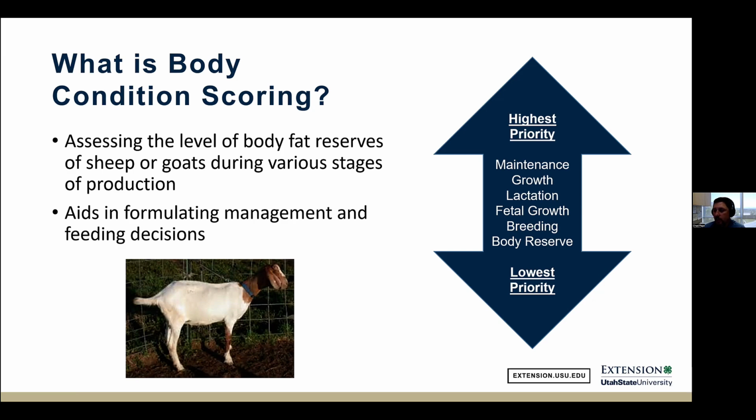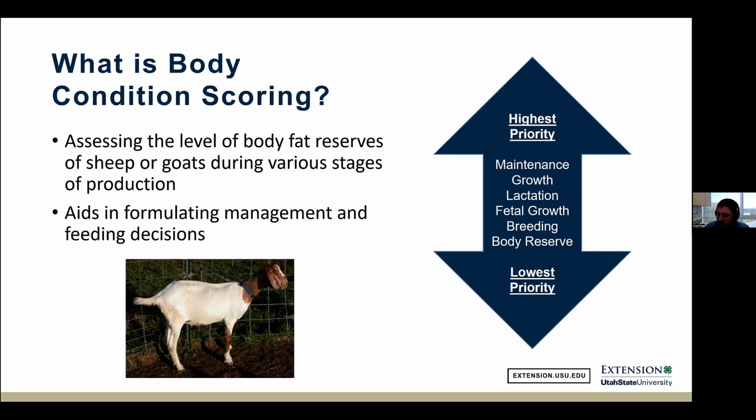If they're under conditioned, oftentimes they don't perform. If you look at this hierarchy of importance, maintenance is the first thing. The animal's going to stay alive, and all the organs are going to be functioning. After that, they grow. And then as they go on, some of those other things like breeding up and putting on fat only come after the animal has taken care of itself. So I like to say that reproduction is a luxury event. Only after you take care of the animal will things come through.